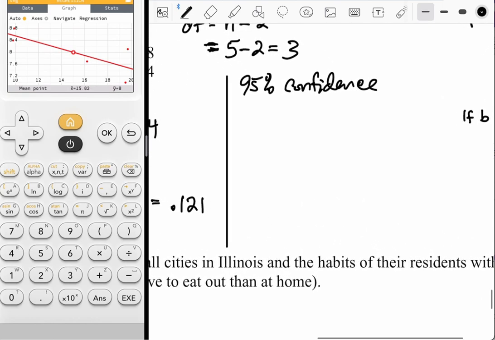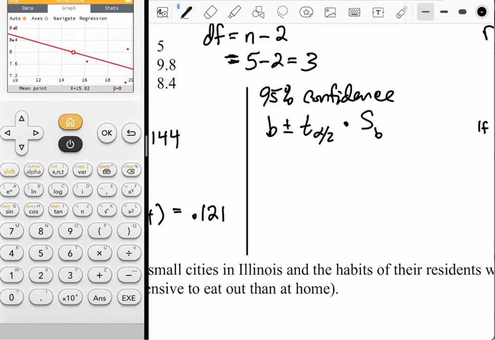The formula for that is b plus or minus t alpha over 2 times s sub b, the standard error about the slope. If you're given just a raw list of data, you just do it the way I'm doing it here. If you're given a table, one of those computer printouts, then you want to pull the appropriate information from that.